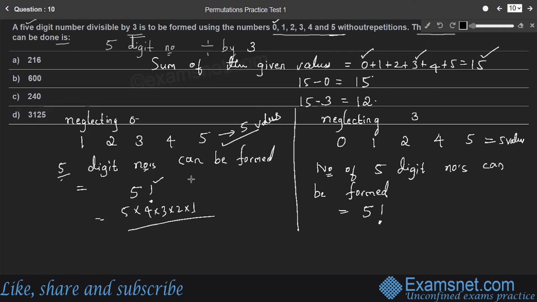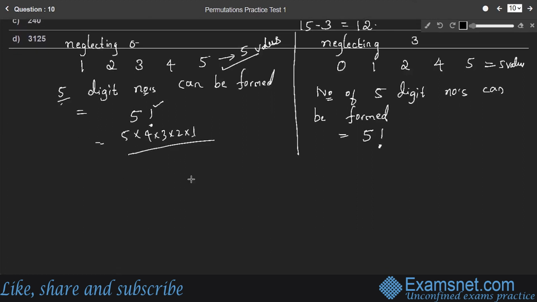If the number starts with 0, using all these 5 values, I'll write a number which starts with 0: 0, 1, 2, 4, 5 is also a number in which 5 values are there. But it is not a 5-digit number.